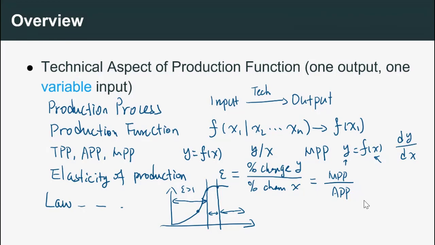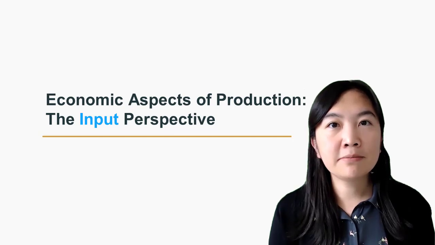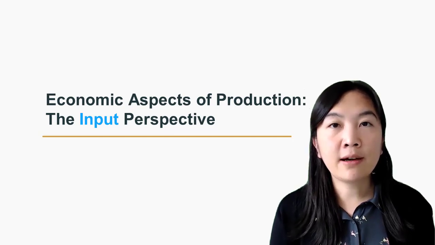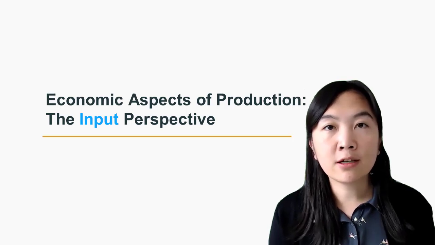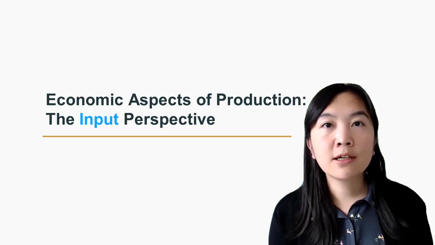I went very slow because I want you to have a very good understanding of these basic concepts. Then for later lectures, once you understand them very well, especially the marginal concepts, then your life will be much easier. I briefly mentioned the difference between the input perspective and the output perspective for the economic aspect of production.